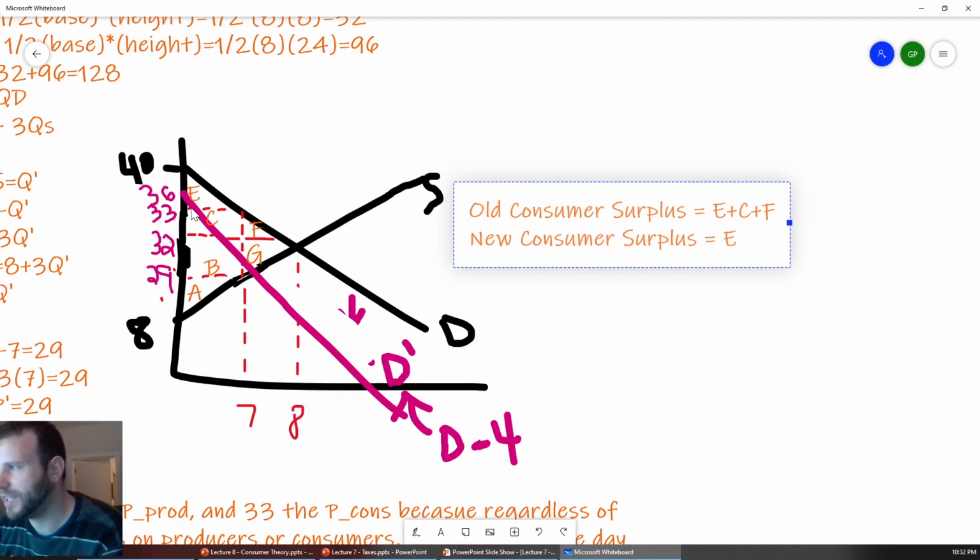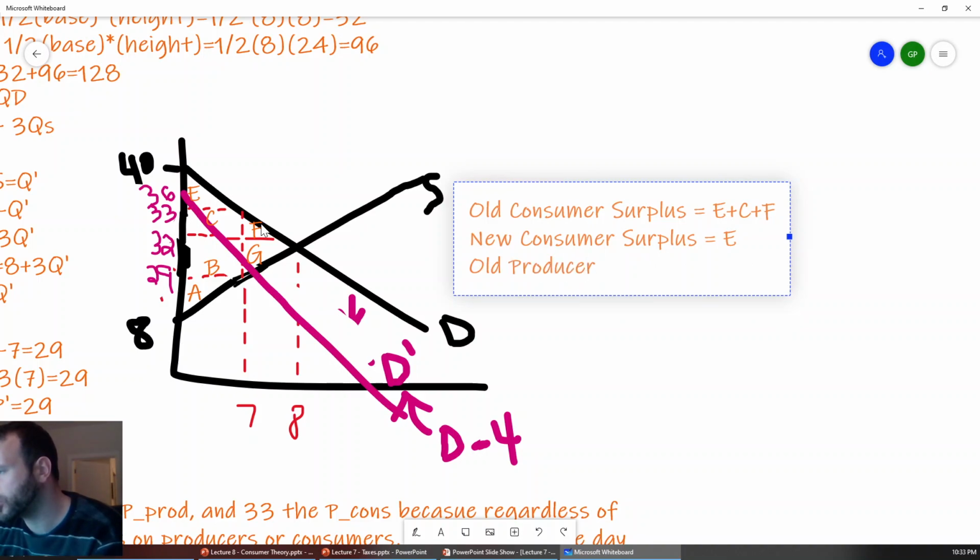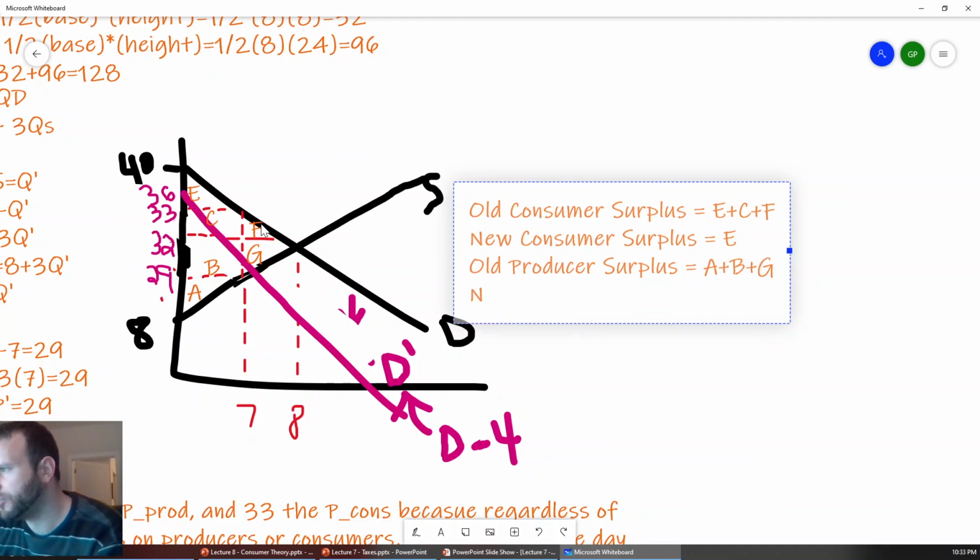Okay, so it's just going to be E. The difference between what consumers are willing to pay and what they actually pay, 33. Old producer surplus was A plus B plus G. Now wasn't it? New producer surplus is just A, because they're only getting $29 per good. Okay.